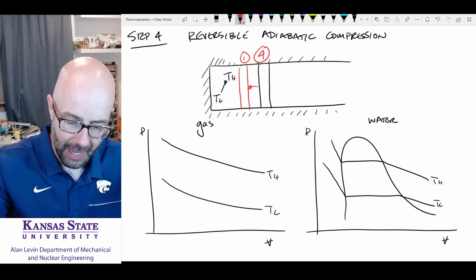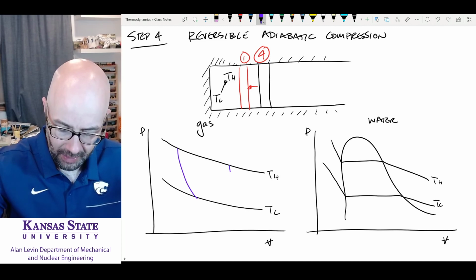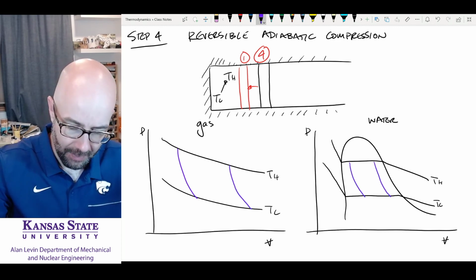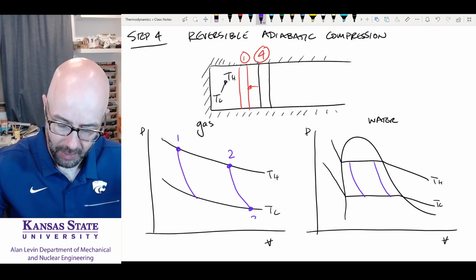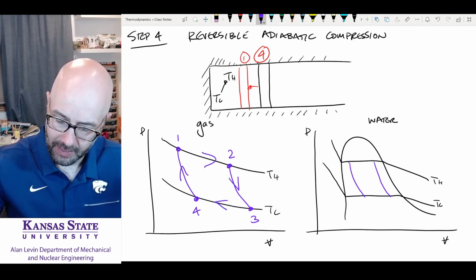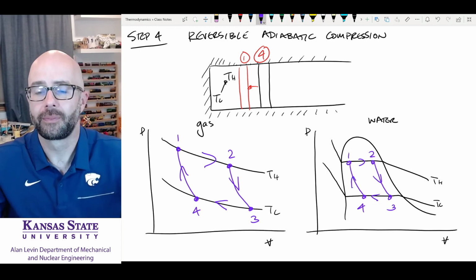Okay? And if I were to draw this now, it's going to look like this. I like to draw the lines beforehand and put here point 1, point 2, point 3, point 4. Those are my 4 states, and this is the direction I'm moving. This is going to be state 1, state 2, state 3, and state 4.